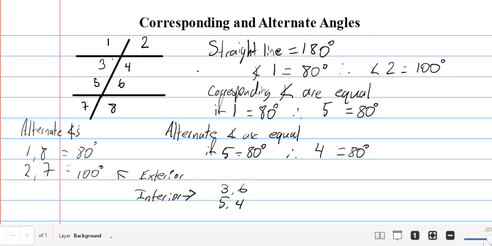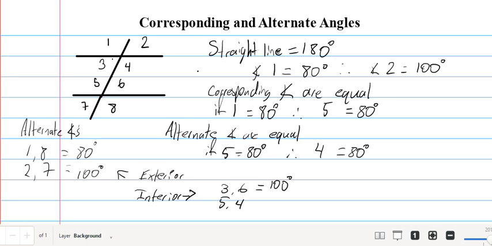I know 3 and 1 are on a straight line. So that means 3 has to be 100 degrees. My alternate angle is also 100 degrees, right? And you can see that 6 is 100 degrees, right? That's the alternate angle. But also, 6 is a corresponding angle because it corresponds in the same position as 2. This is why 2 and 6 have the same amount of degrees, which is 100, right?